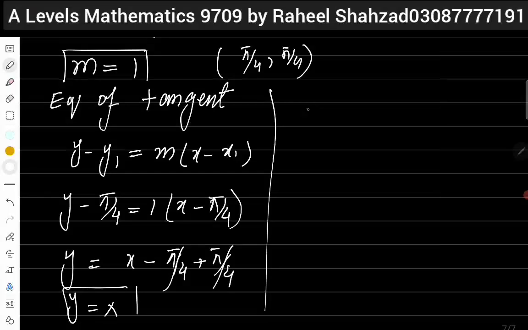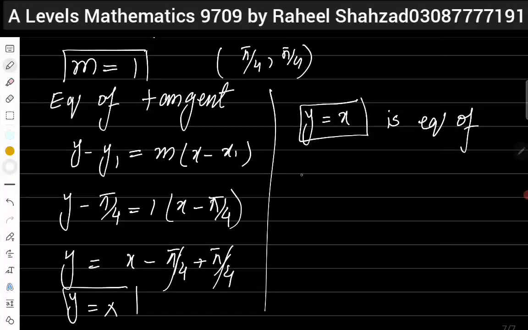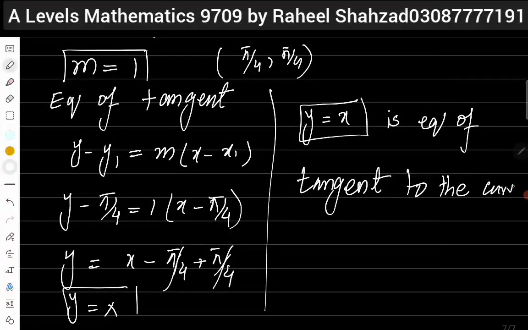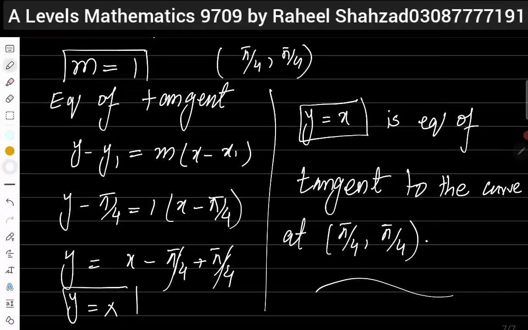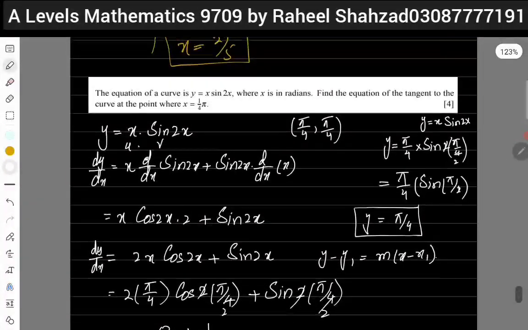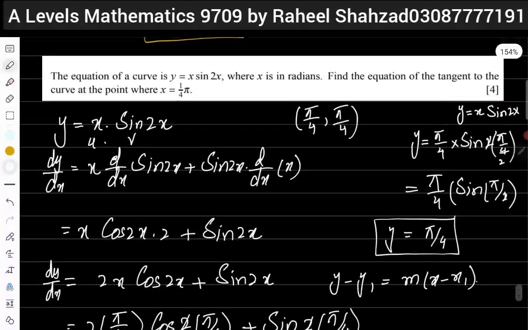So this, y is equal to x, is the equation of the tangent to the curve at (π/4, π/4), right?